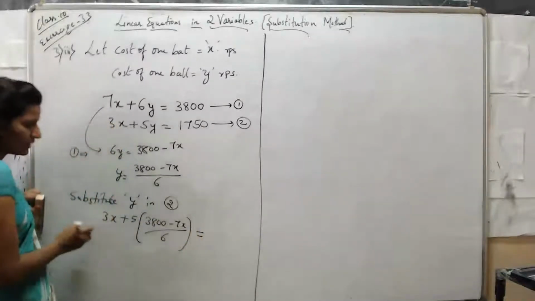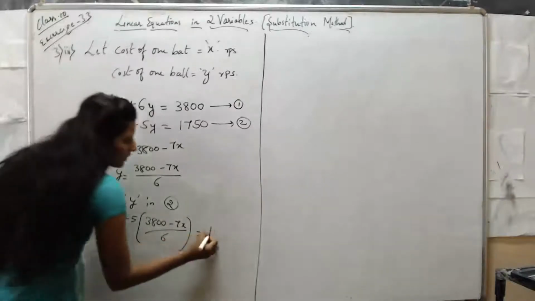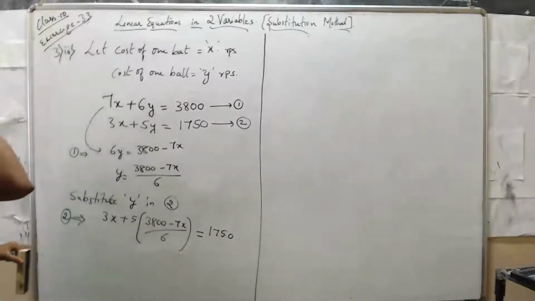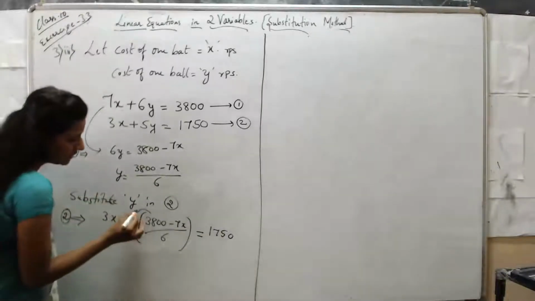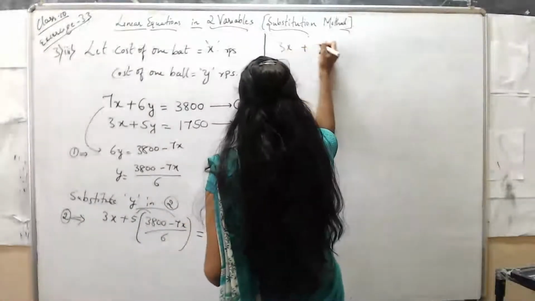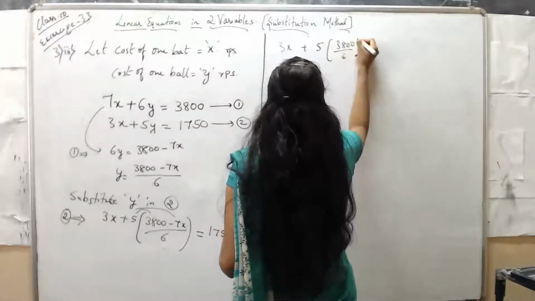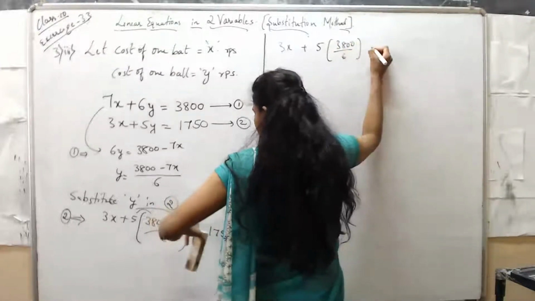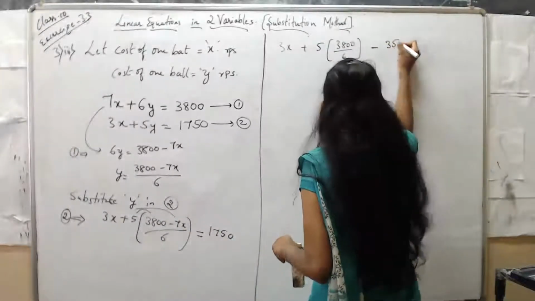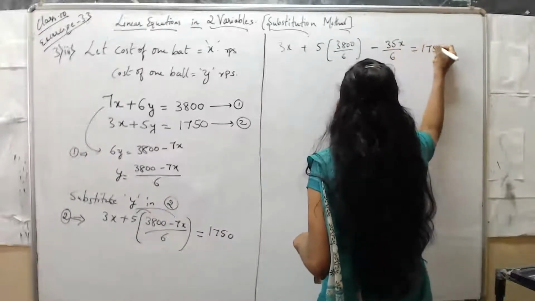Equation 2 implies 3x plus 5 into 3800 by 6 minus 35x by 6 is equal to 1750. Now multiply 5 to both the terms.